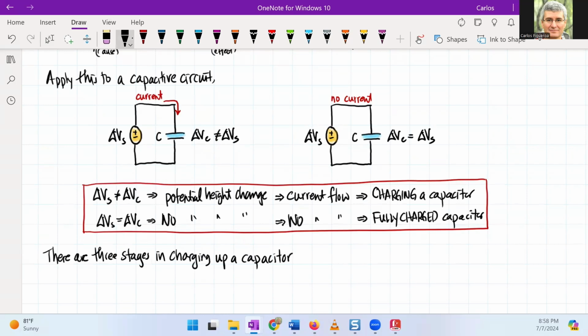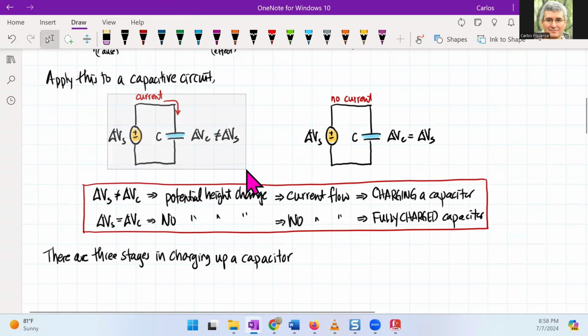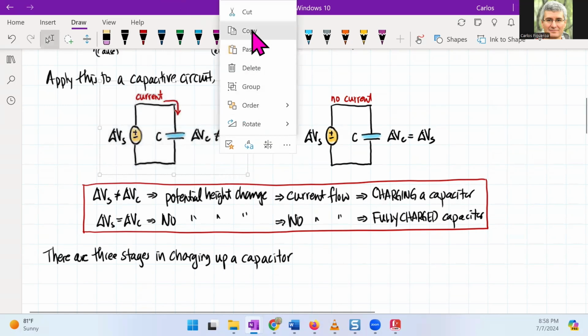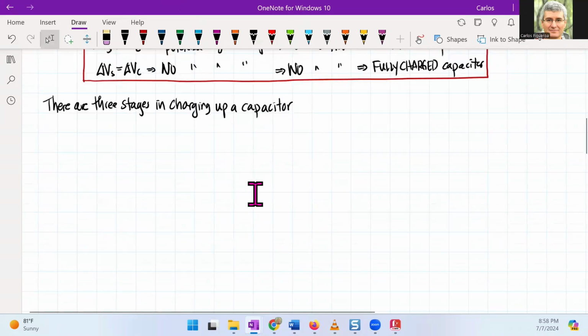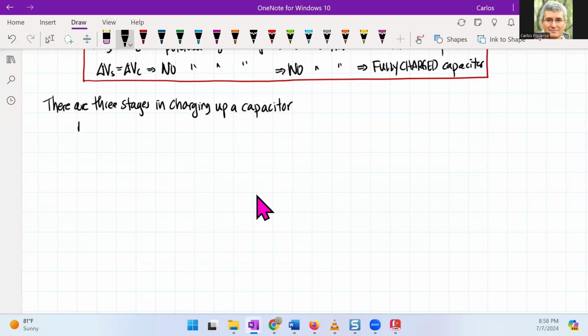So what you're going to see here is that there's going to be three states. I'm going to copy this because I'm going to want this, and then I'll modify. So the first stage that we'll have is the initial state. So what happens in the initial state?